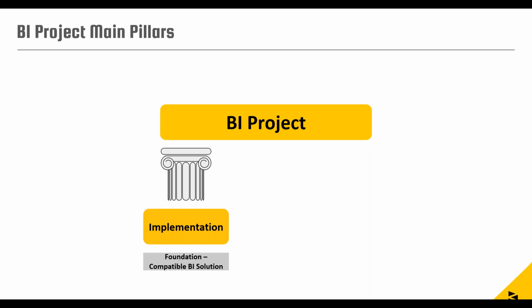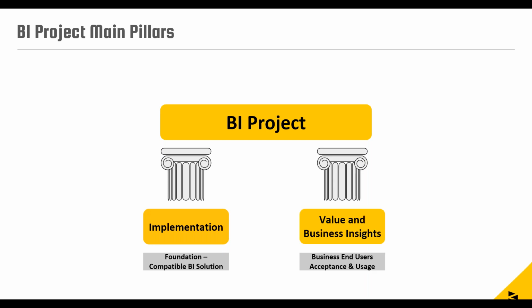Assuming that's the phase you have already been through and it's behind you, the second phase is what value and business insight you can gain from the BI solution. So discussing adoption and users' acceptance and usage comes as the second pillar, the second phase. And this is what we are going to focus on in this presentation today.